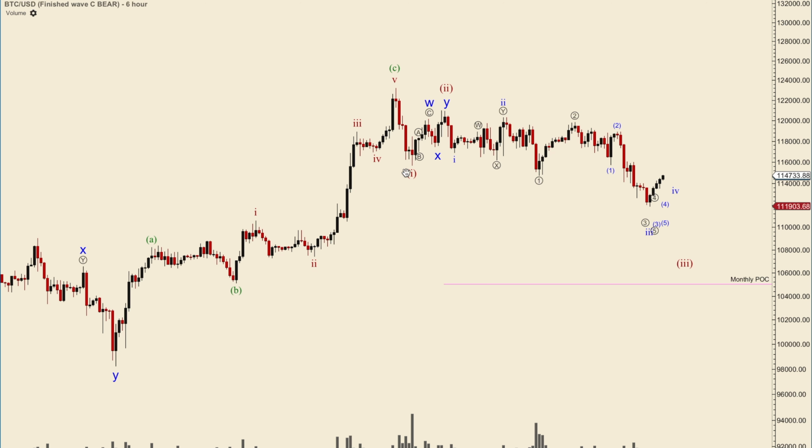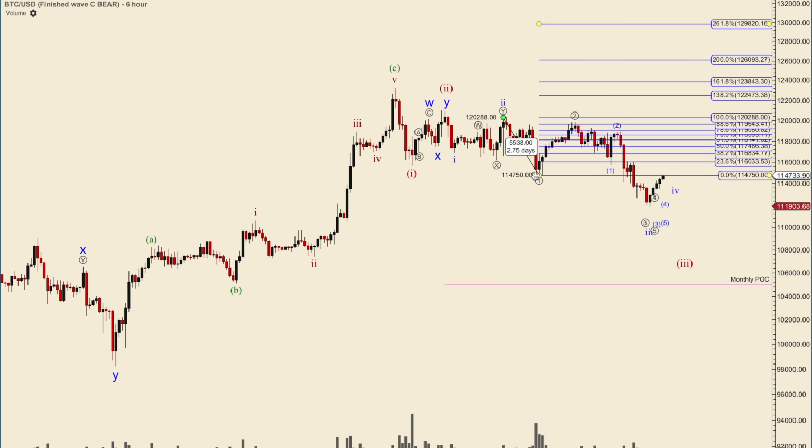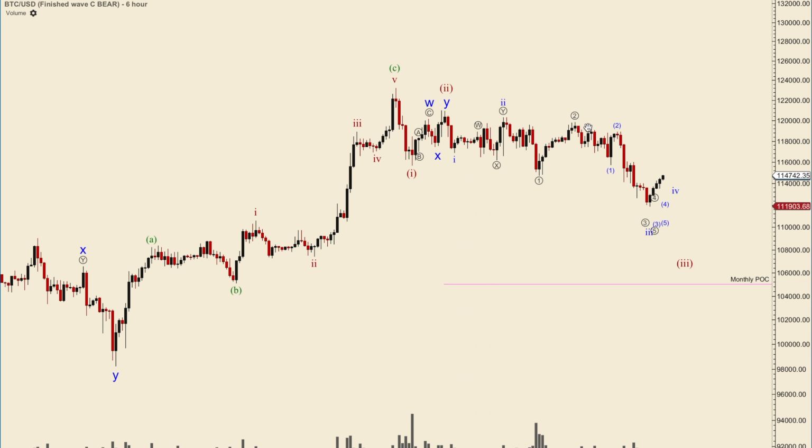You can see here that wave 1, 2, and then we have another 1, 2, and the time between these 1 and 2s is horrible. And you see here, the 2 hits the 86, which is very unlikely for a 2. And this here is not counting well as an impulse.